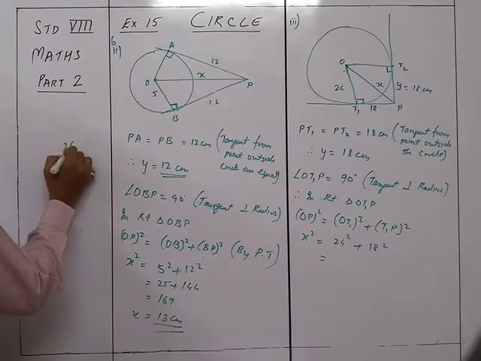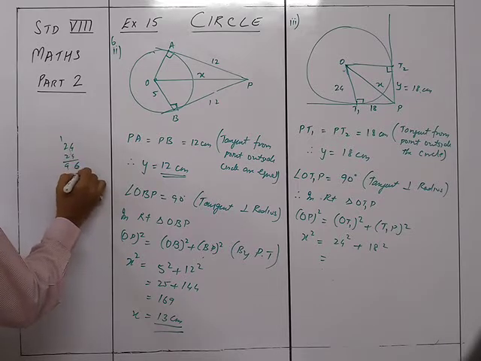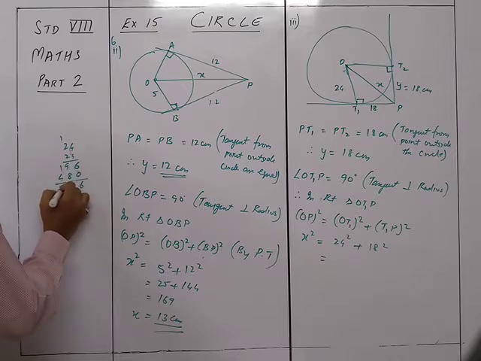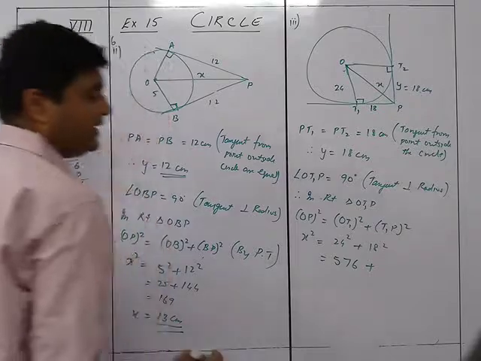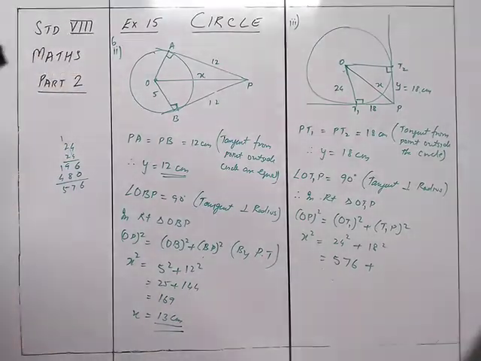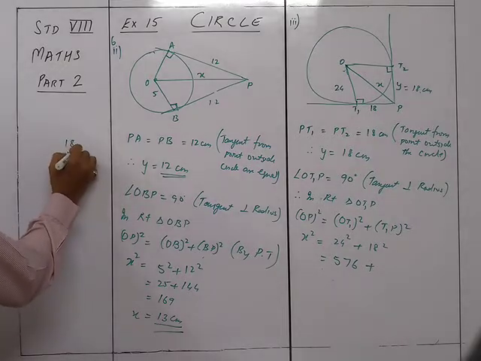Let me check it again. 24 into 24, yes, 576. So 576 plus 18 square is 324. Still, I'll check it.